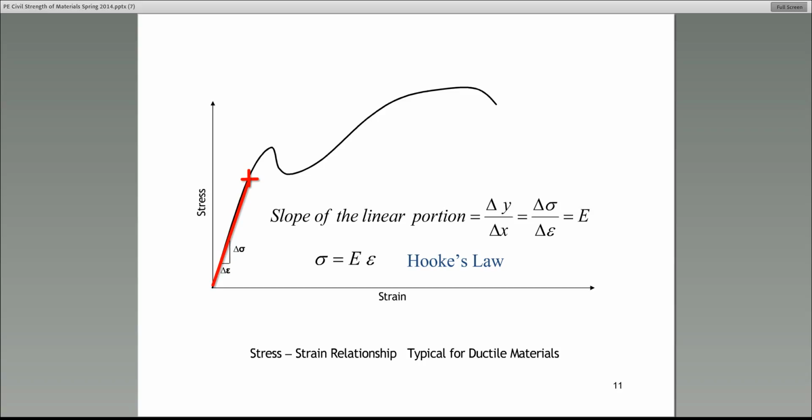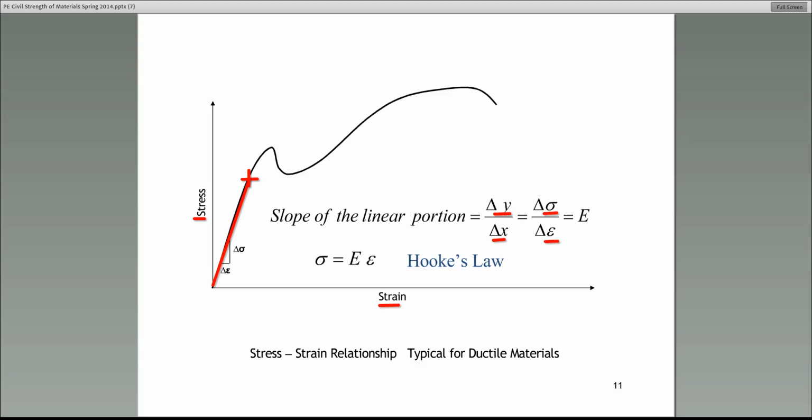Tell me, how do we calculate or how do we identify the slope of a line? You got it, rise over run. So rise in this case is delta y divided by delta x, rise over run. But look, y is stress, we talked about that, and x is strain. Therefore, the slope of the linear portion can be expressed as sigma over epsilon.